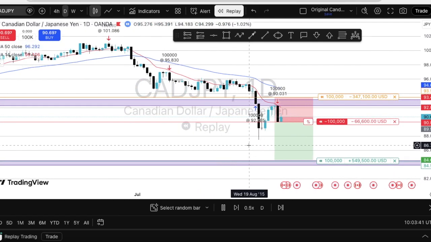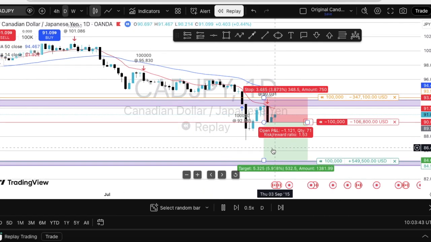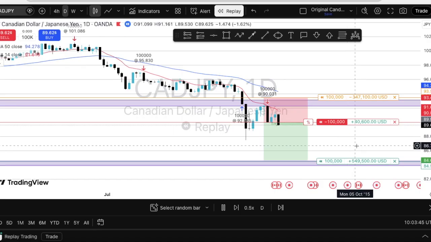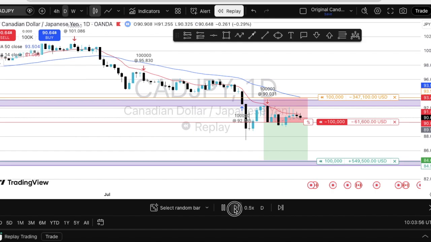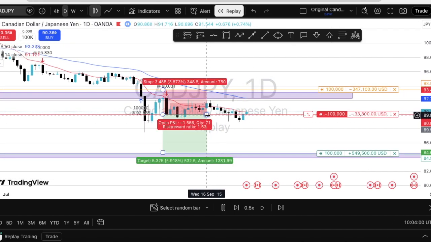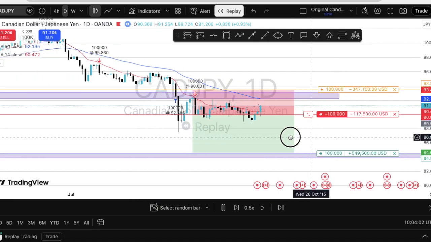Once we enter the trade, we leave it to the market, right? Unless the market creates a new low, then we can adjust our TP. What's the market doing? Struggling to create a new low.